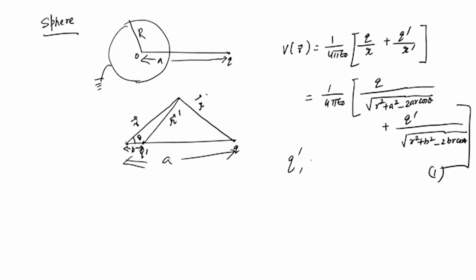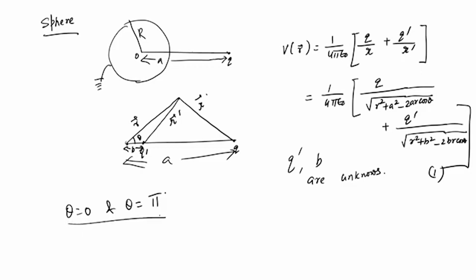We have two unknowns, q prime and b. And how can we calculate these? We take two useful points. We can take any theta that is on the surface of the sphere, but we take two thetas which are useful, theta equal to 0 and theta equal to pi, in which the cosine takes simple values, either 1 or minus 1.